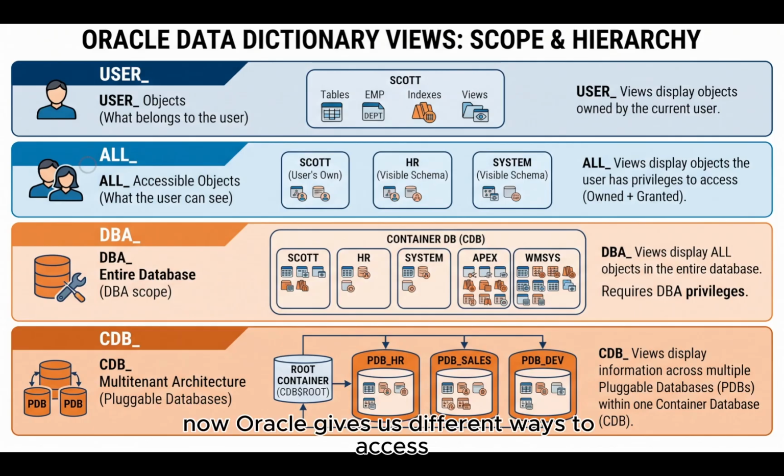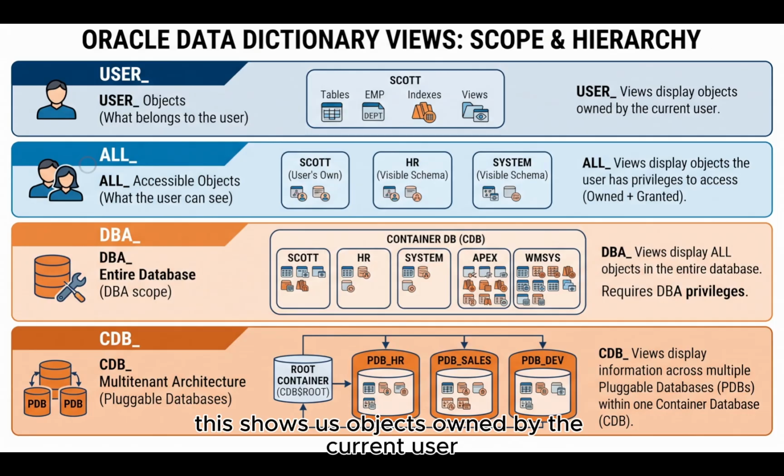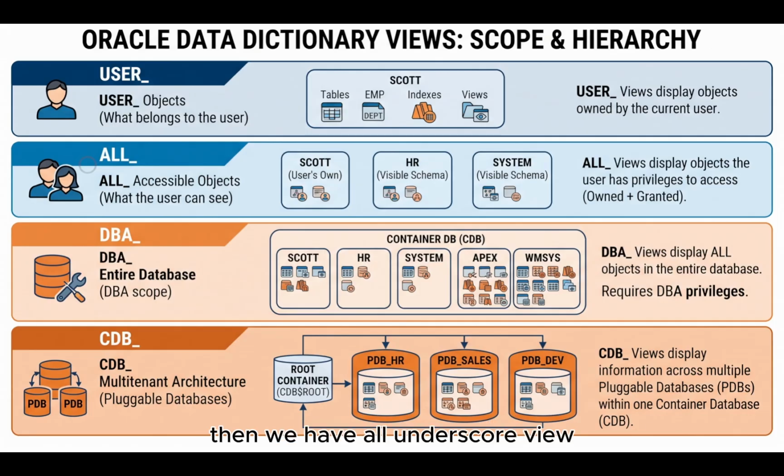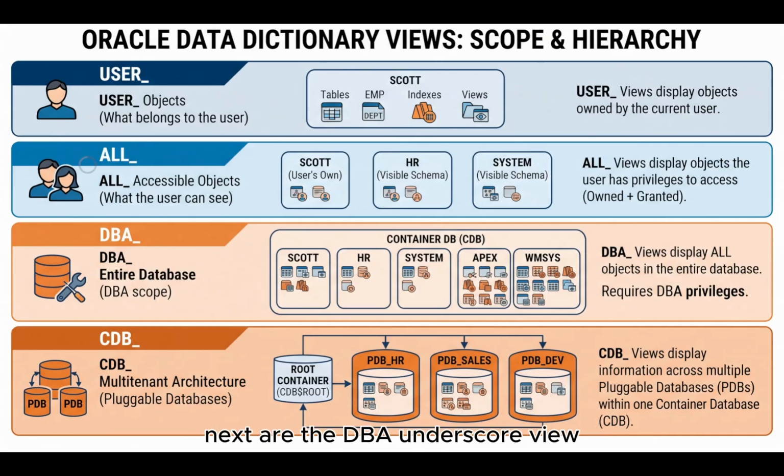Now, Oracle gives us different ways to access this information. And this is where views such as USER_, ALL_, DBA_, and CDB_ come in. First, we have the USER_ views. This shows us objects owned by the current user. Then we have ALL_ views, which show objects that the user has access to. Next are the DBA_ views.